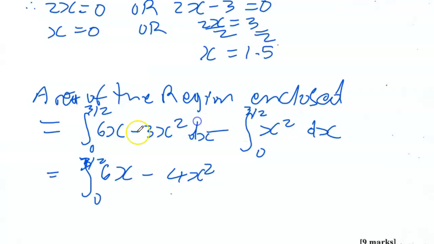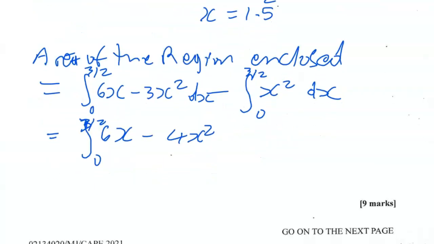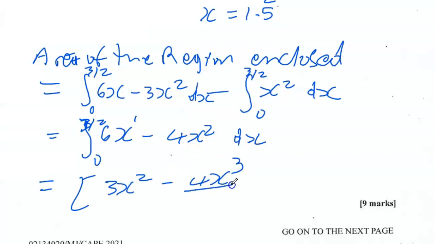So we combine in one integral, 6x minus 3x squared minus x squared, we end up with minus 4x squared, dx. So integrate 6x: at 1 to the power you get 6x squared, divide by 2, you get 3x squared. For the other one, at 1 to the power, you get x cubed, divide by 3, between 0 and 1.5.